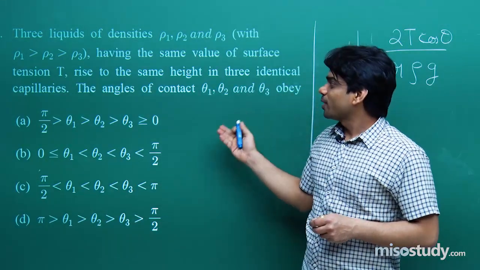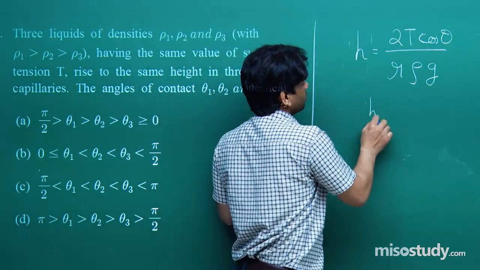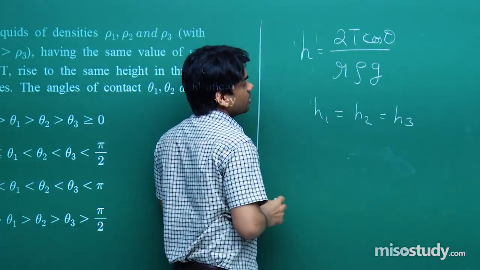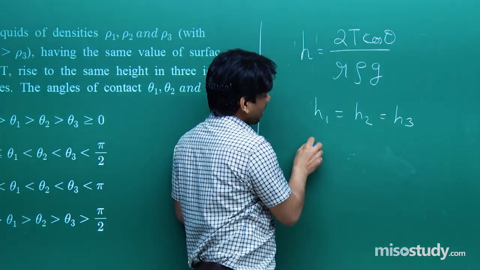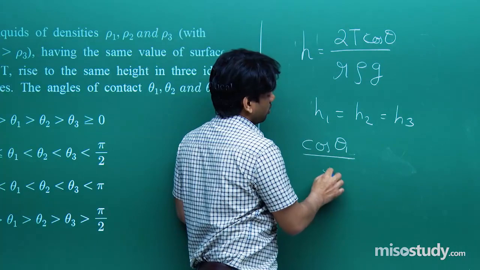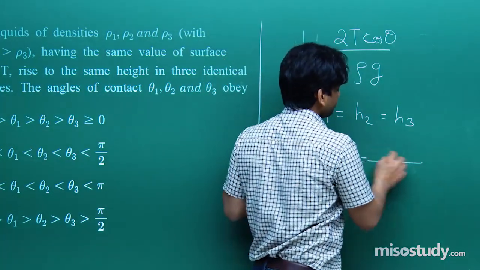In the three identical capillaries, the angles of contact theta 1, theta 2 and theta 3 obey. They have the same height. So if we use h1, in this way we can write, this will come out to be cos theta 1 upon rho 1. Radius is also the same, g is also the same, so I am removing them.